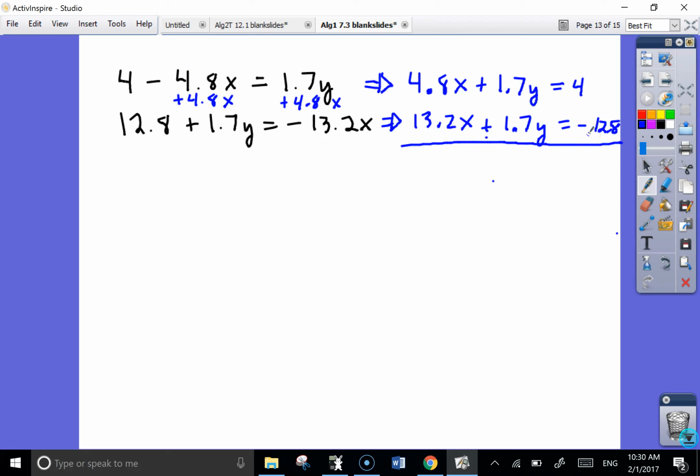Now I'm going to have to subtract. Let's just subtract. 4.8 minus 13.2. You can use your calculator on that one.